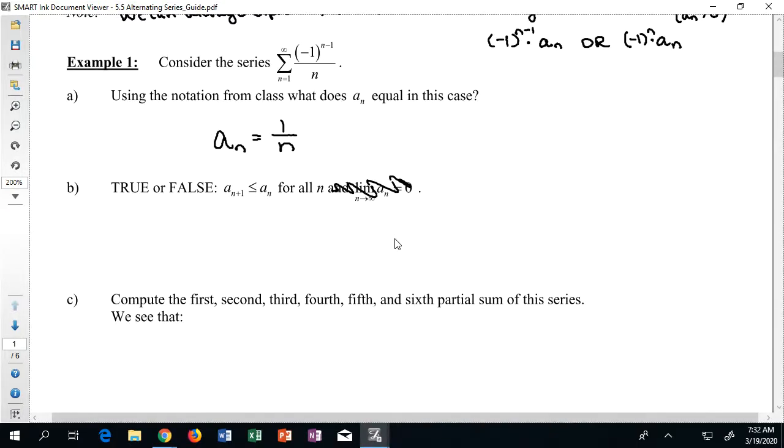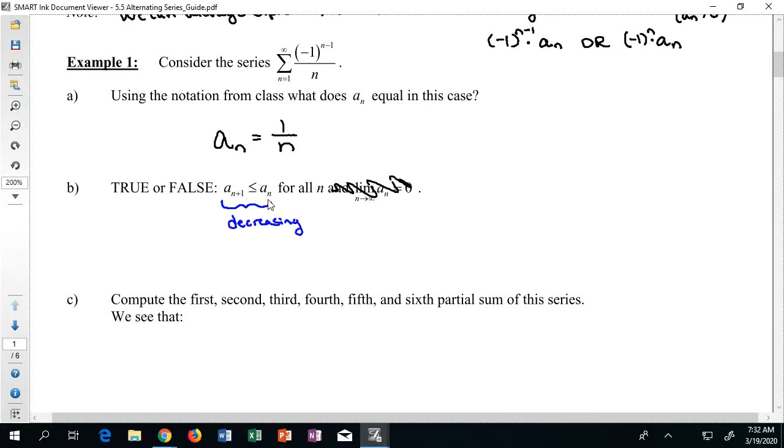Hopefully you would agree, because whenever I plug a bigger number into a sub n versus a number that's earlier, so if I plug in a 3 versus plugging in a 1, I definitely am getting a smaller number. This is an indication that my sequence is decreasing.